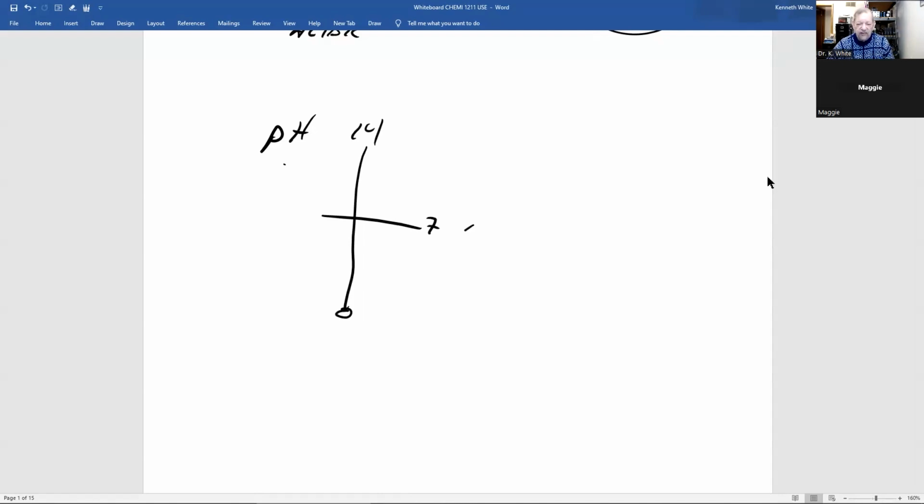When you're at pH 7, that's a neutral solution, neutral pH. That's when the hydronium ion concentration is equal to the hydroxide. When you're below 7, it's acidic. And that's when the hydronium is greater than the hydroxide.